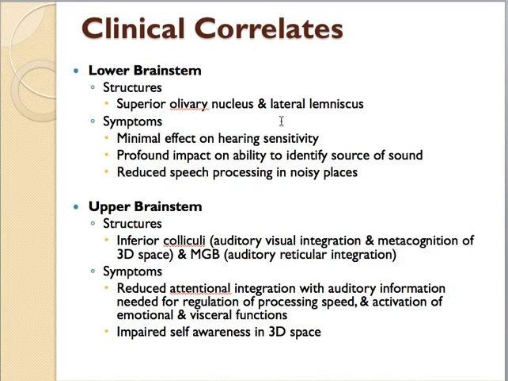Lastly, I want you to correlate hearing loss with the lower brainstem: what structures and what types of hearing loss modalities you'll see associated, for example, with the superior olivary nucleus or damage to the lateral lemniscus. In terms of upper brain structures, know what kind of damage and symptoms you'll see there too. These are the slides I want you to focus on that will be covered within your final exam.